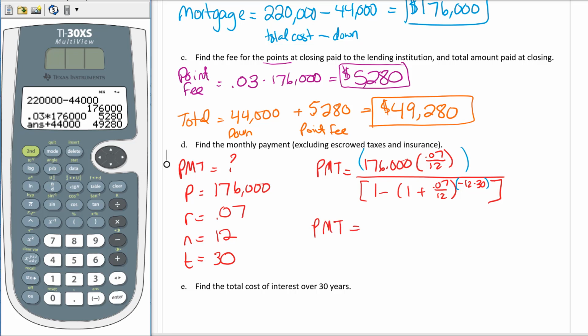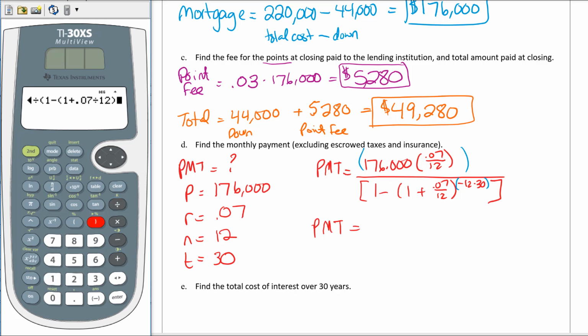Parentheses, we're going to start with 176,000 times 0.07 divided by 12. Close that parentheses, and that finishes the numerator. Divided by open parentheses, 1 minus open another parentheses, 1 plus 0.07 divided by 12.